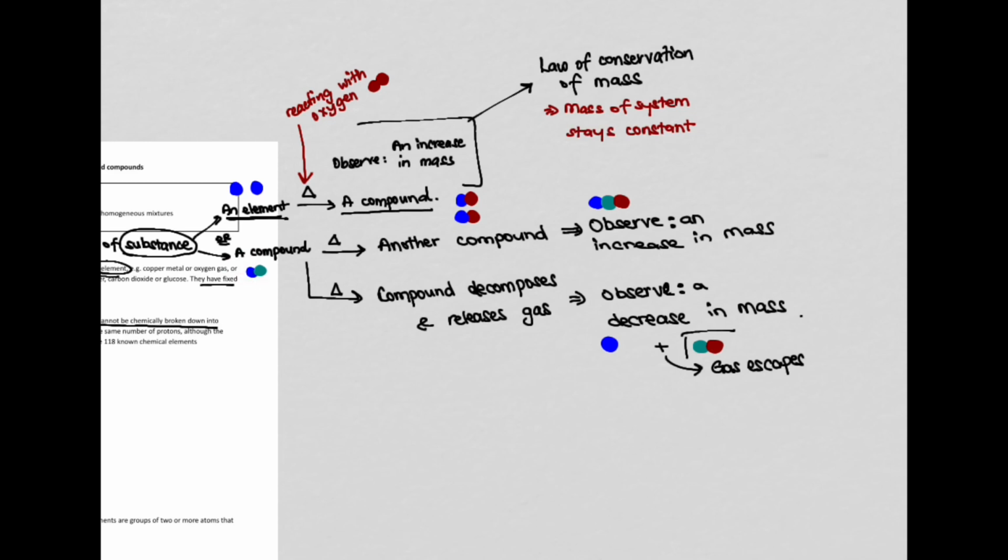So it's only blue and green together. So if I heat this, so let's say oxygen is still red, right? So here I have a compound, blue, green and red together. So I will observe an increase in mass. Now if this compound will decompose and release a gas, so it's giving me only blue, and the green and the red is forming a gas that escapes. This means that I will observe a decrease in mass.